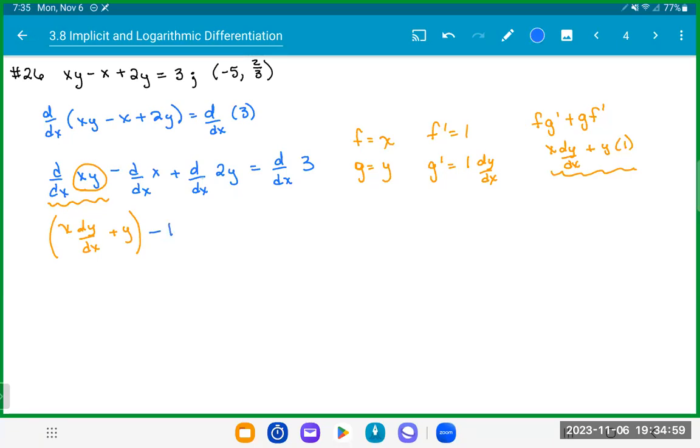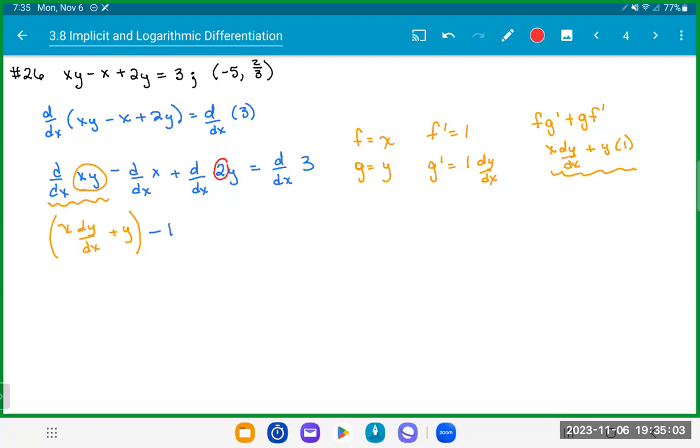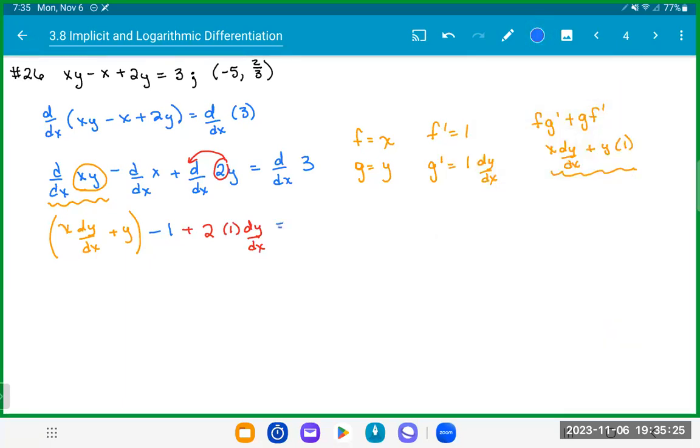When we take the derivative here, we can pull this 2 to the outside, right? And so that's going to give me plus 2, and when I take the derivative of y, the derivative of y is 1, but then I have that dy/dx. And then the derivative of a constant is 0.